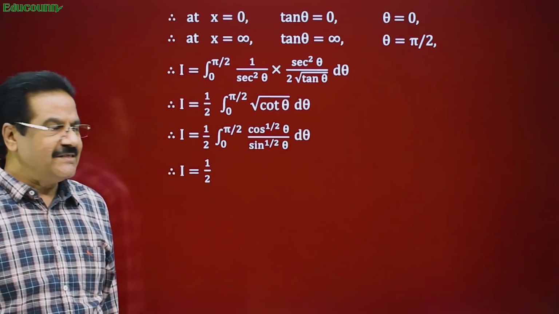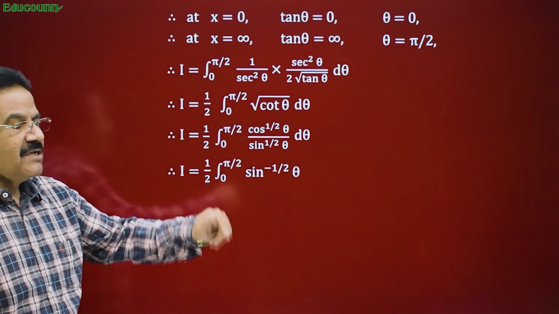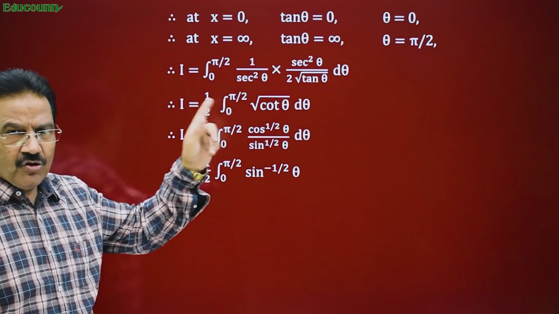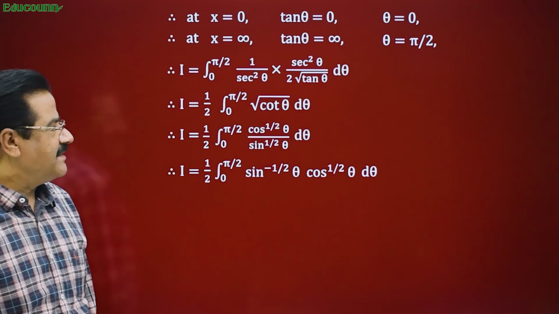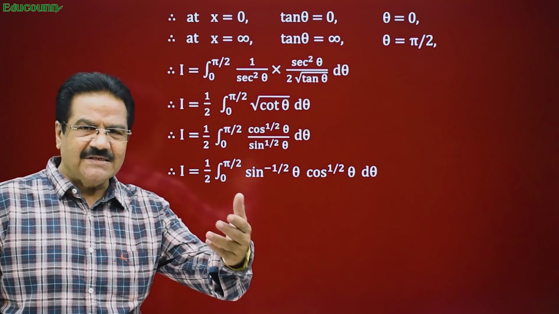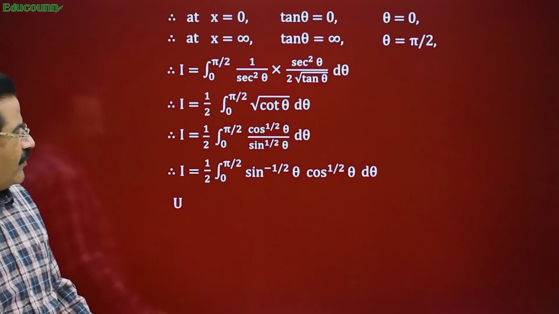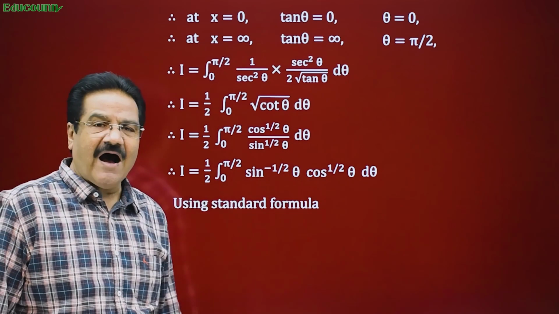So 1 by 2 as it is, integration 0 to pi by 2, we can write sine raised to minus half theta by taking sine to the numerator, multiplied by the cos term as it is. Now observe clearly, as per the standard formula, sine raised to p into cos raised to q, the value of p is minus half and the value of q is half.